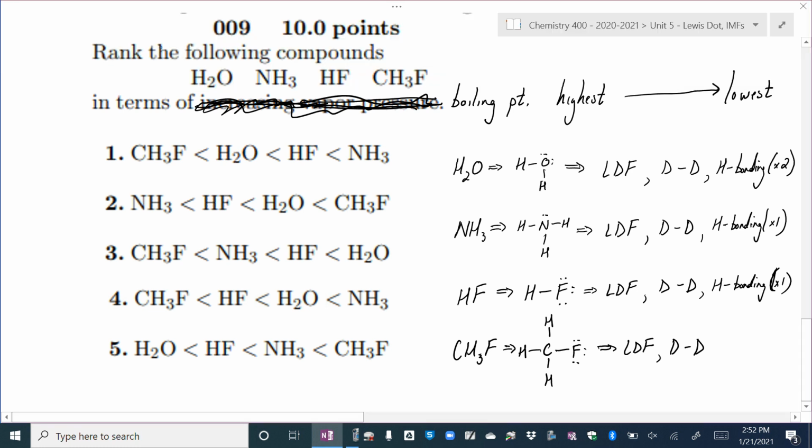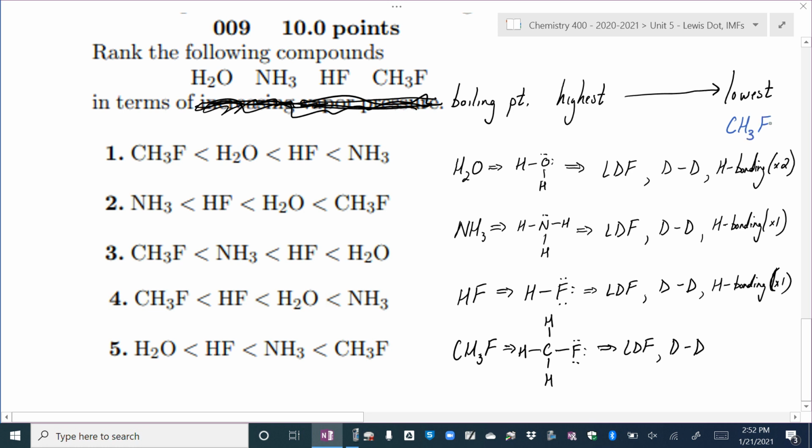Okay, so let's try to put these guys in order in terms of highest boiling point to lowest boiling point. The lowest boiling point is the molecule with the least amount of intermolecular forces. Obviously here we can look at all of them, and we can see that the CH3F only has London dispersion forces and dipole-dipole attraction. So we would predict that one to be the lowest.